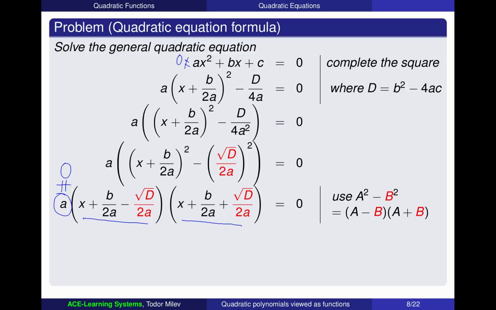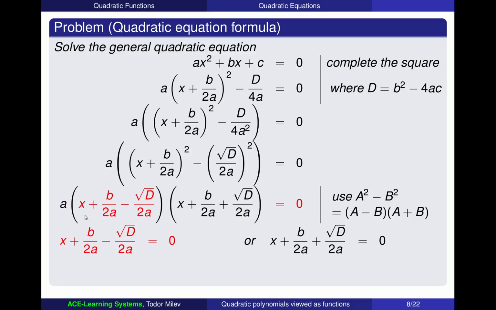Our only chance of having 0 is to have either this term, x plus b over 2a minus radical of d over 2a, be 0, or the next term, x plus b over 2a plus radical of d over 2a. One of the two must be 0.